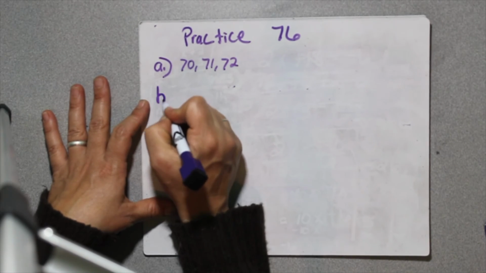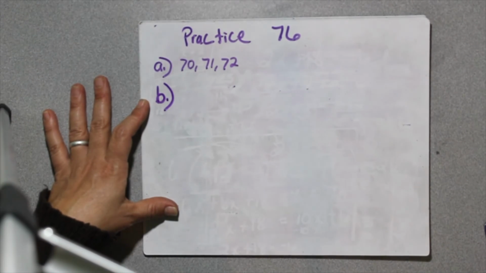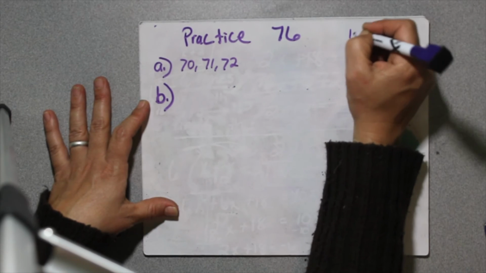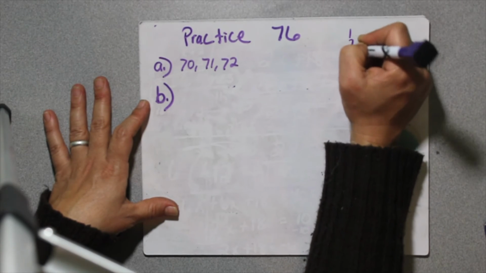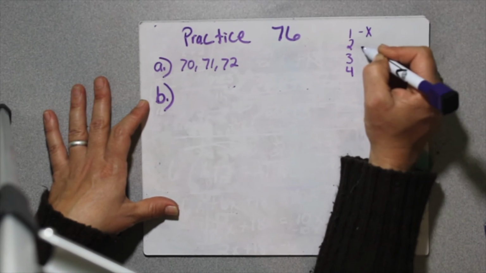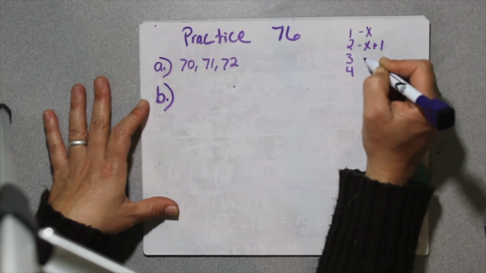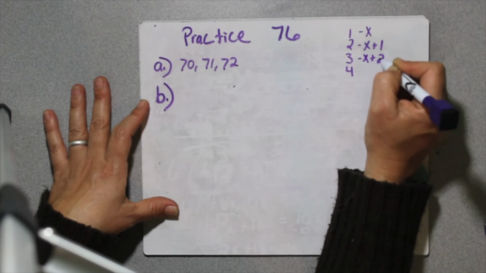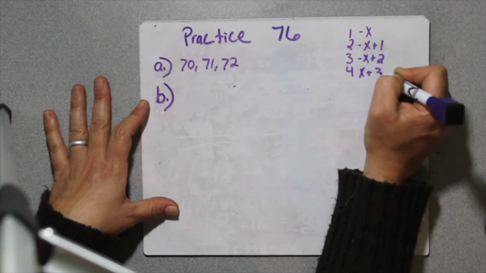All right, B. Find 4 consecutive integers such that 8 times the sum of the first and third is 40 greater than 10 times the fourth. All right, so we're going to have first, second, third, and fourth: x, x plus 1, x plus 2, x plus 3.